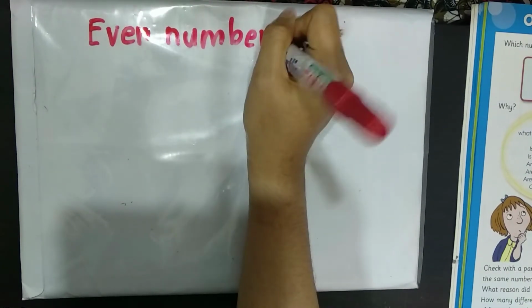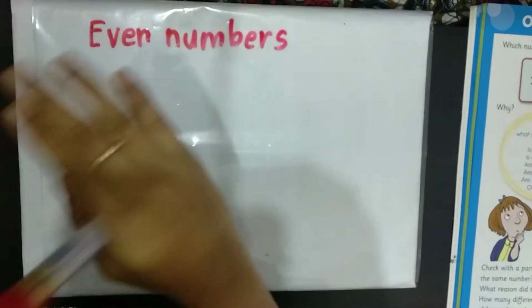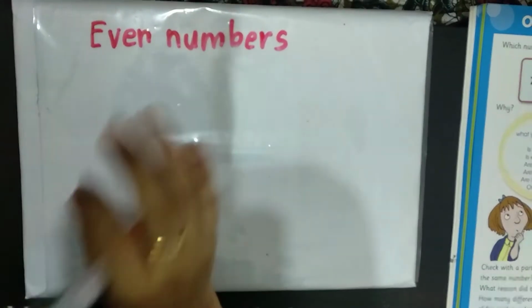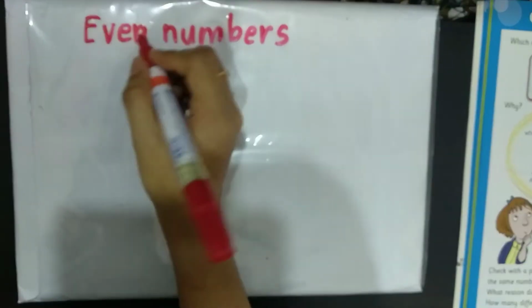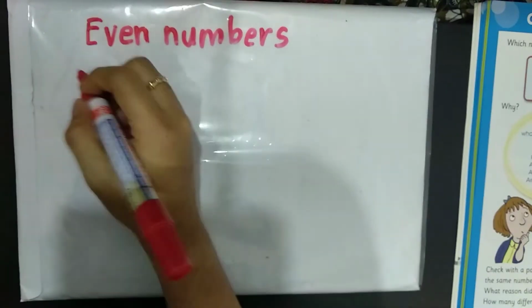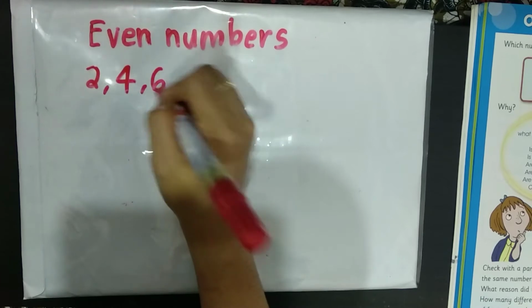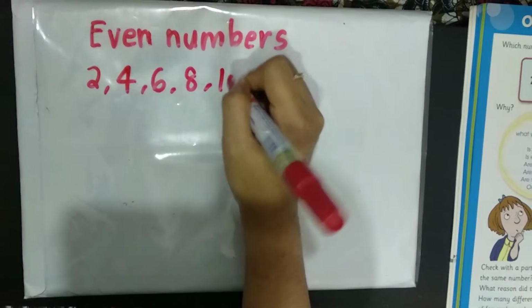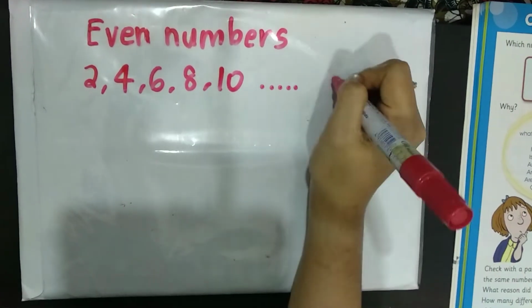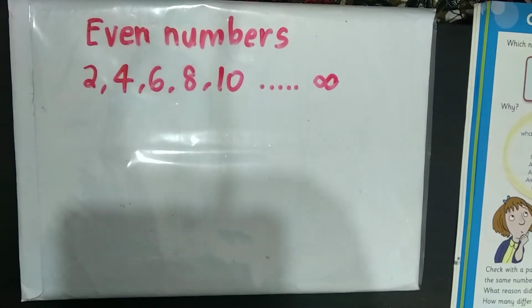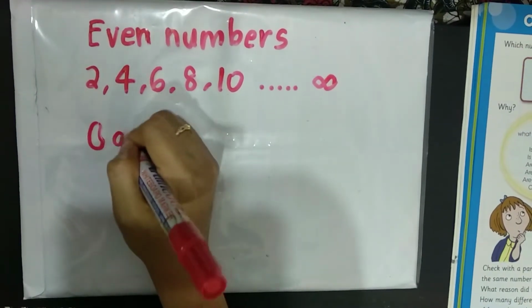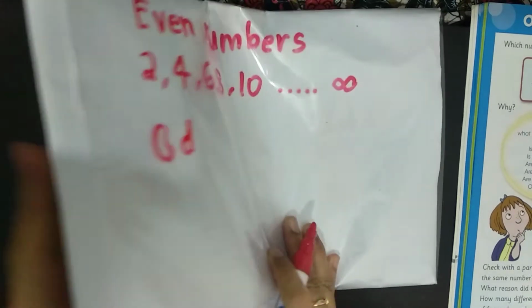Even numbers are numbers that can be divided by 2. That's it. Any numbers that can be divided into half. It starts with 2, 4, 6, 8, 10, and so on until infinity. And odd numbers.